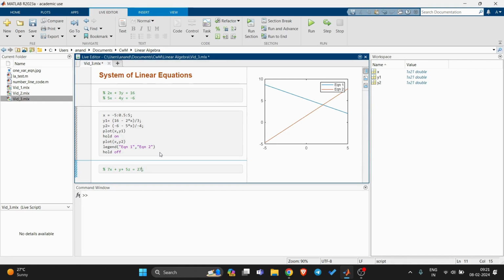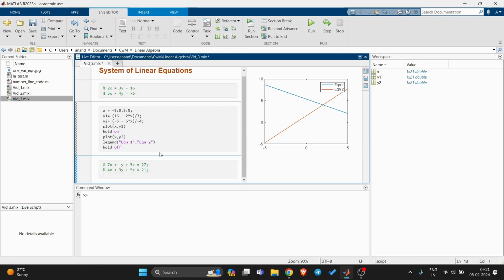Then 4x plus 3y plus 5z is equal to 21. Then 6x plus y plus 2z is equal to 9.